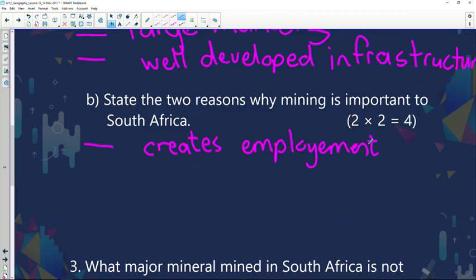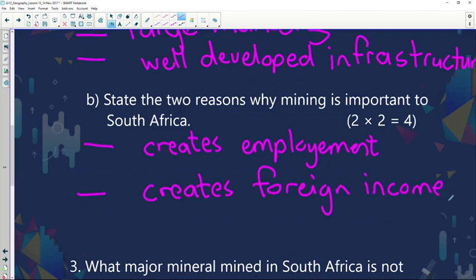And it creates foreign income for the country. With the foreign income, our government can spend more money on infrastructure and on service delivery in our country.